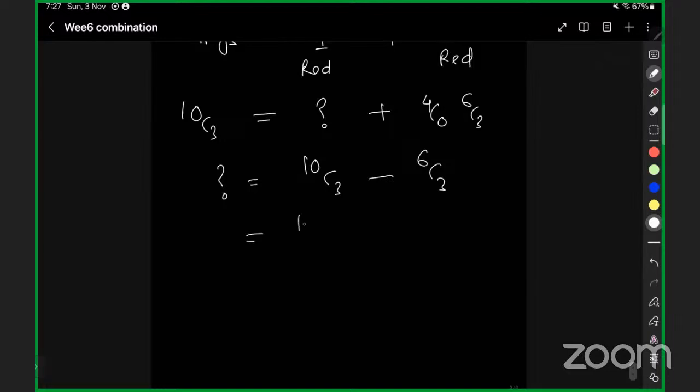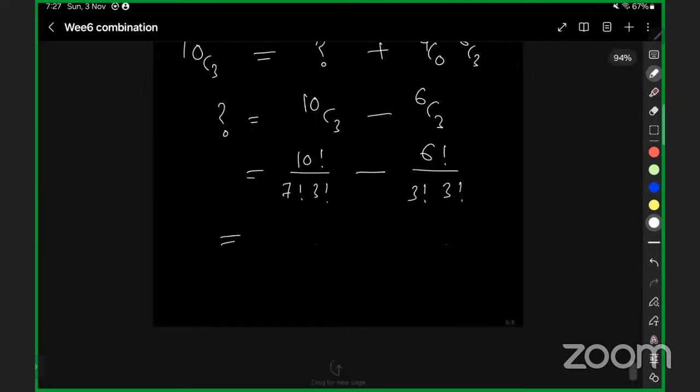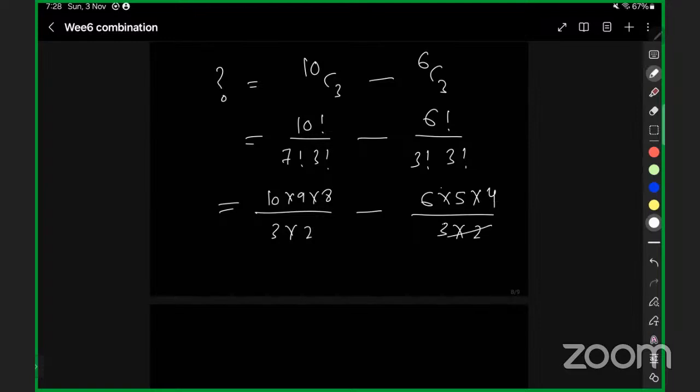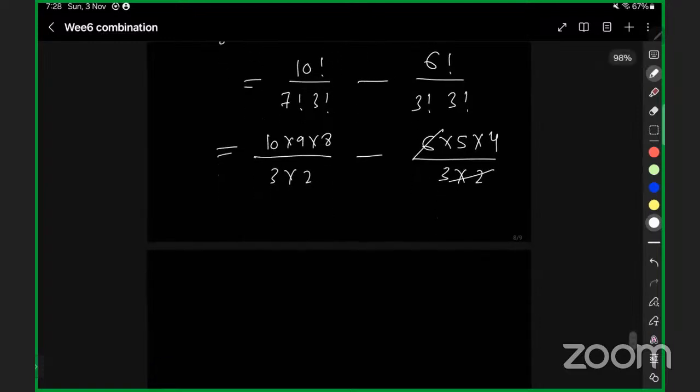So what is 10C3? 10 factorial by 7 factorial into 3 factorial, minus 6 factorial by 3 factorial into 3 factorial. And if I do this, I'll have 10 into 9 into 8 by 3 into 2, minus 6 into 5 into 4 by 3 into 2. So this can go away.